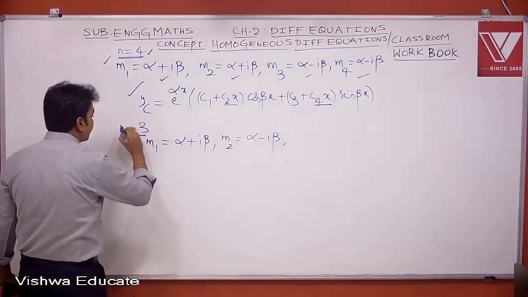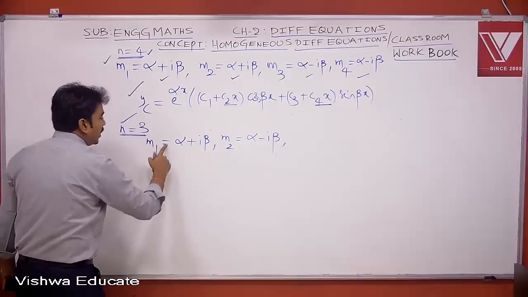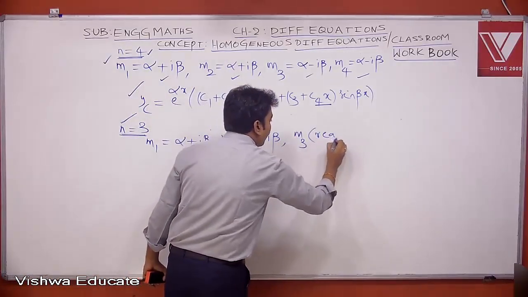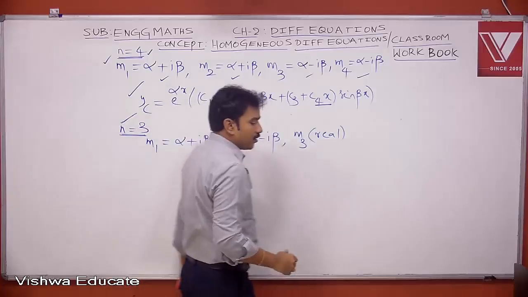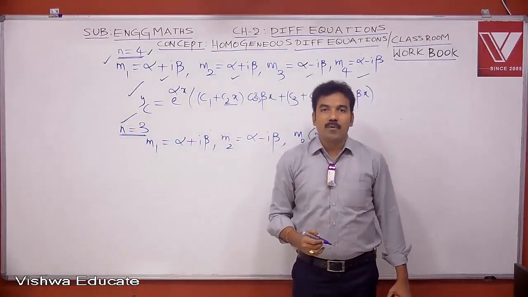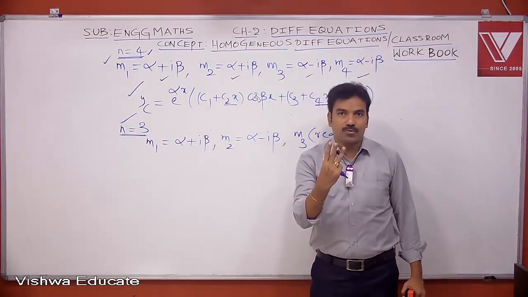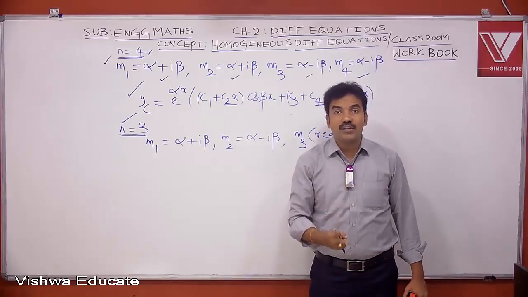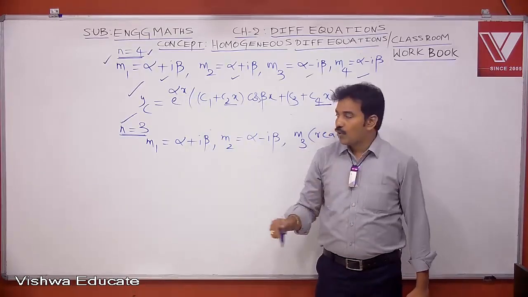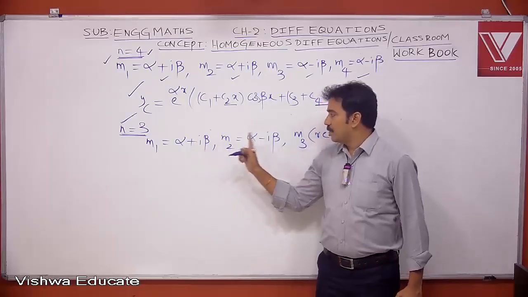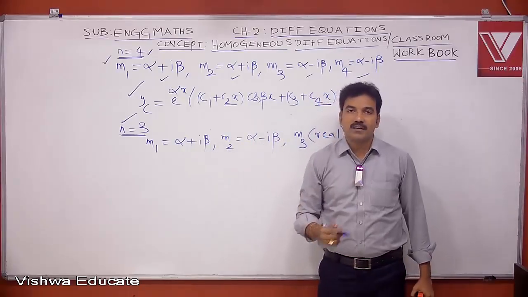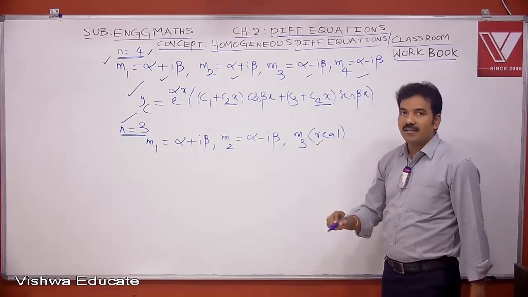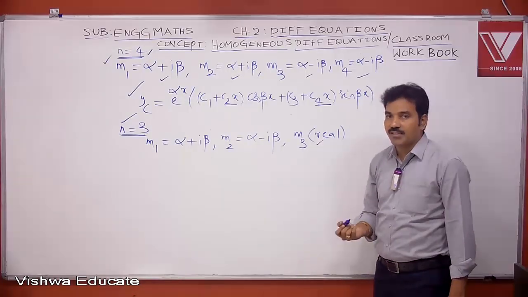Since we are working with a third order equation, if two roots are complex numbers, then the next root must be a real number, because a third degree polynomial cannot have three complex roots; at most it will have two complex roots. So the third root must be a real number. In that case, what will be the structure of YC?